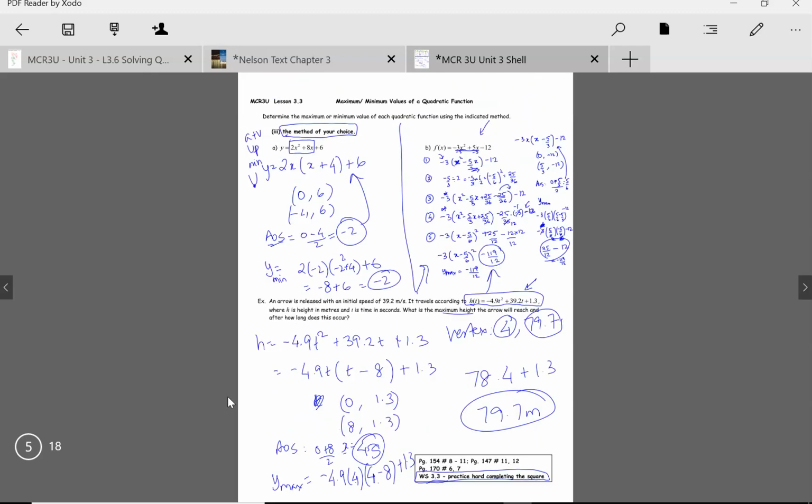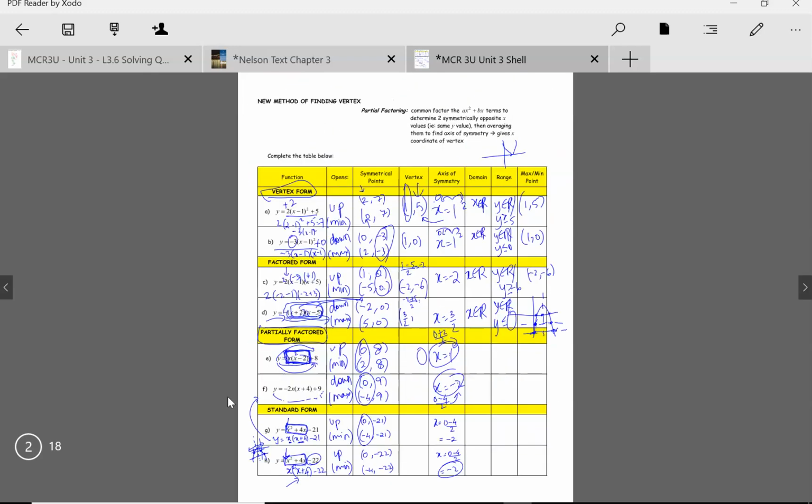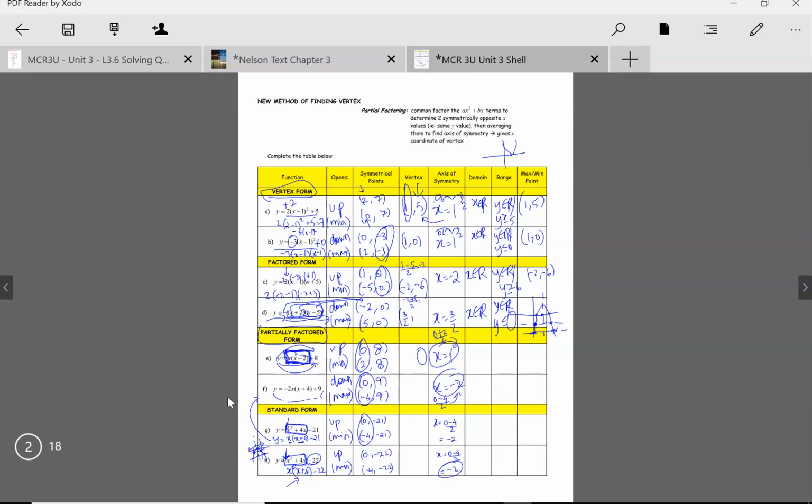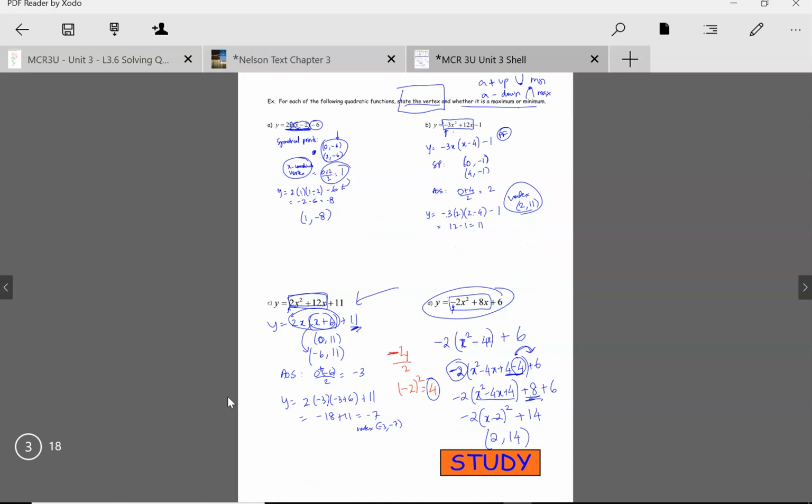And again, a brief recap of what we've done so far. The two important things that we learned are the new partial factored form, and how we use symmetrical points to find the vertex of a parabola.